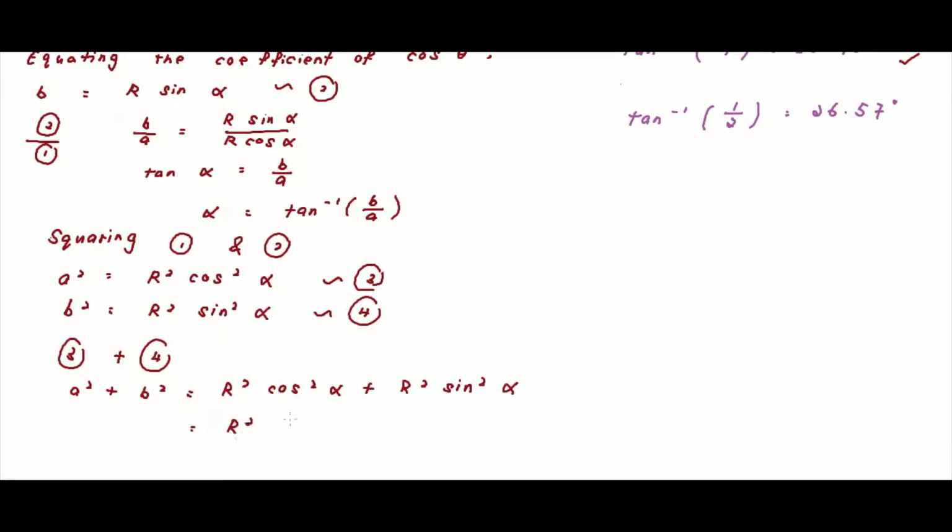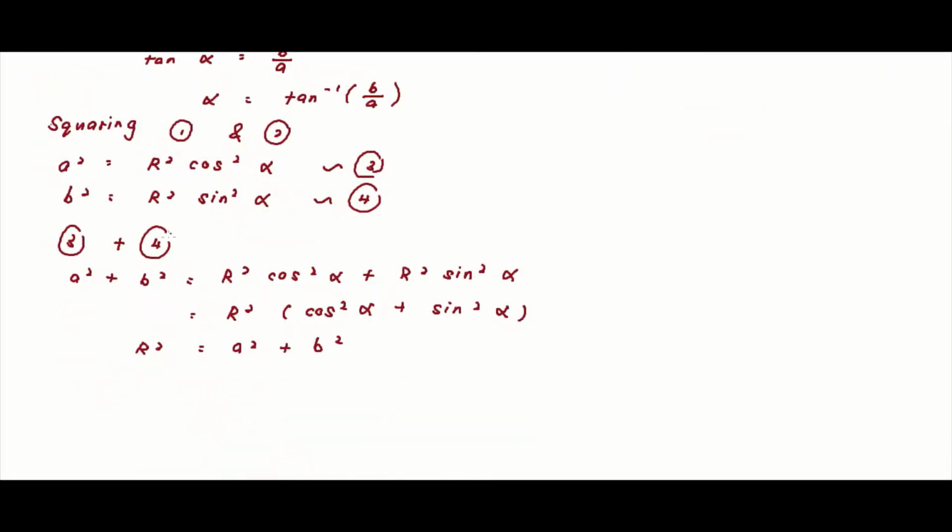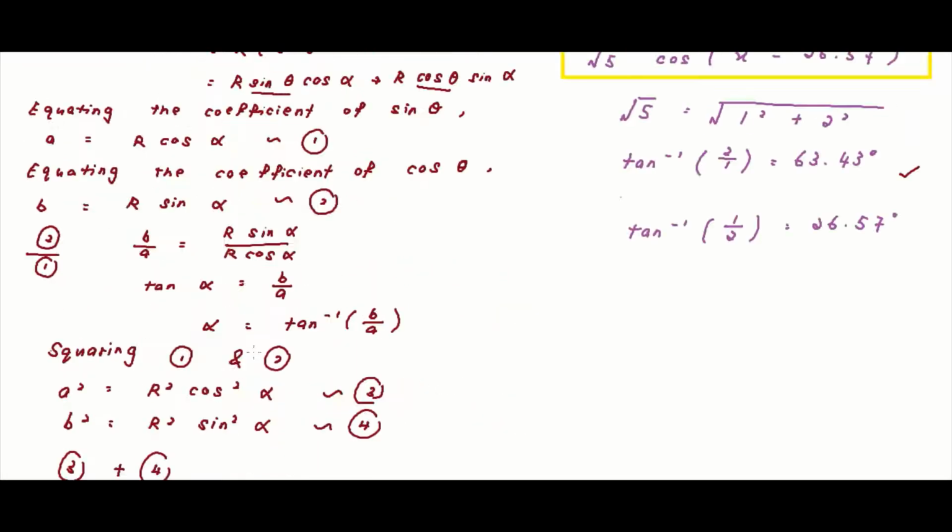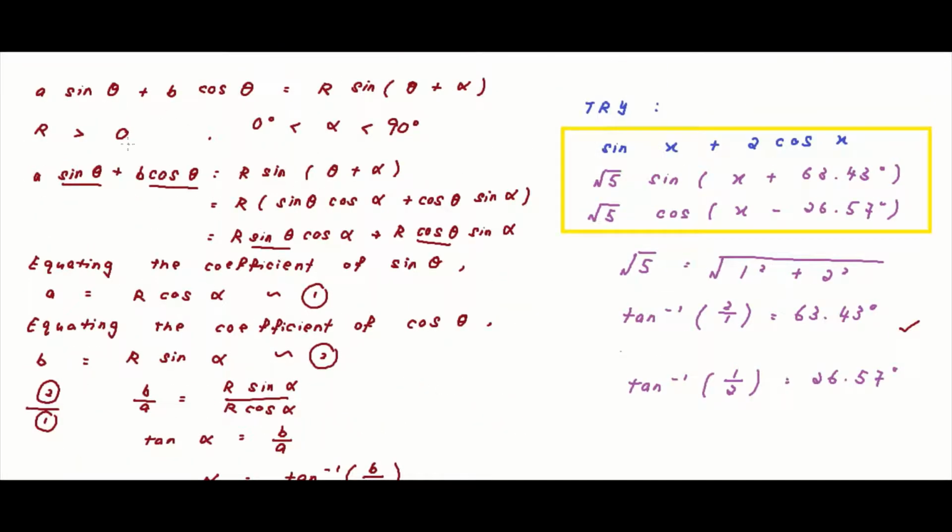You can factorize and get cos squared alpha plus sine squared alpha, which gives you 1, right? Meaning R squared equals A squared plus B squared, so R equals the square root of A squared plus B squared. We are not taking the negative part because our syllabus only deals with R that is positive.